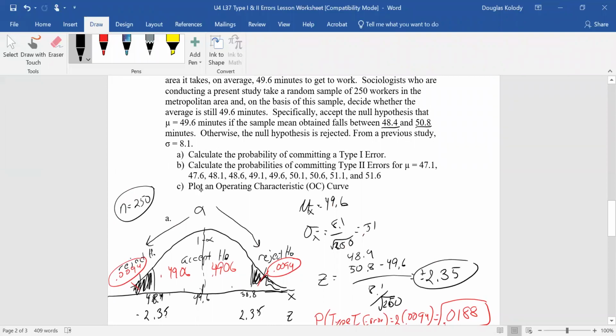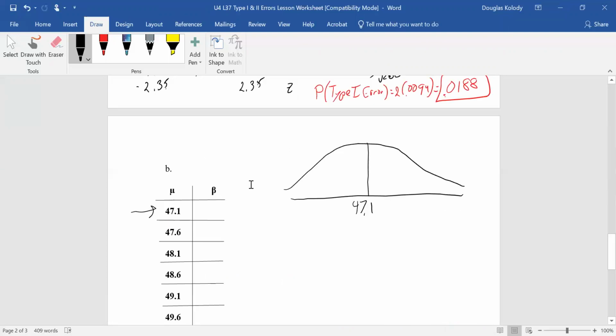So we're going to accept 49.6 if we get values from 48.4 to 50.8. The only problem is on this graph, where are 48.4 and 50.8? 48.4 is probably right here. 50.8 is here.